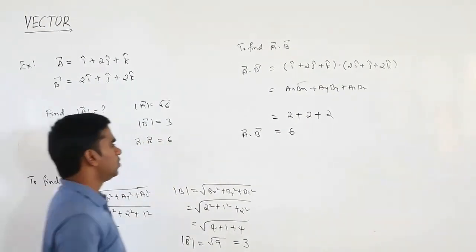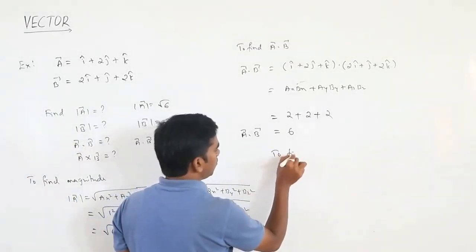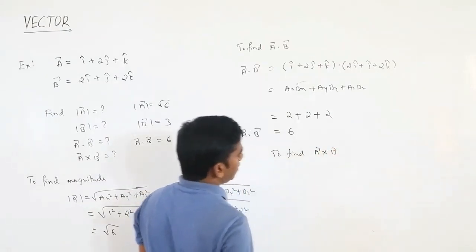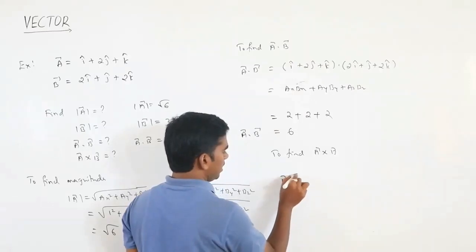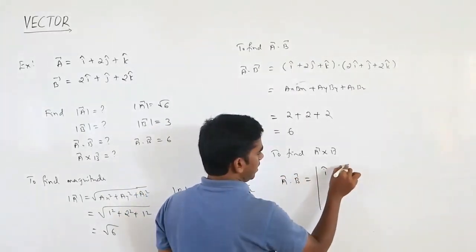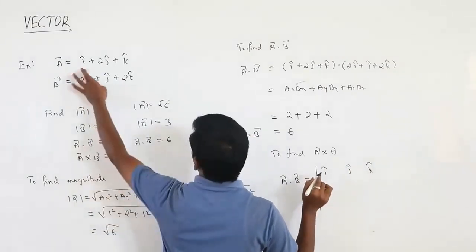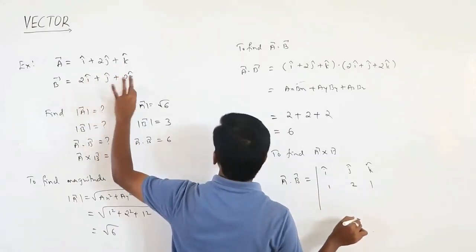Now next, we have to find A cross B. A cross B equals, so I cap, j cap, k cap. What are the components? 1 2 1, then 2 1 2.